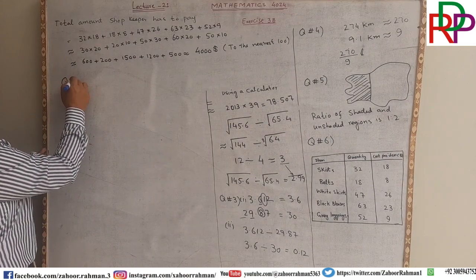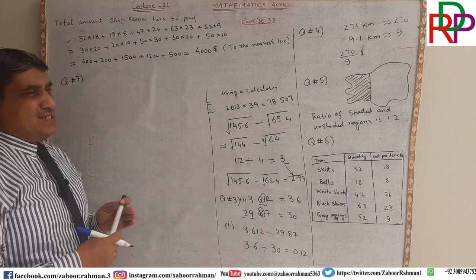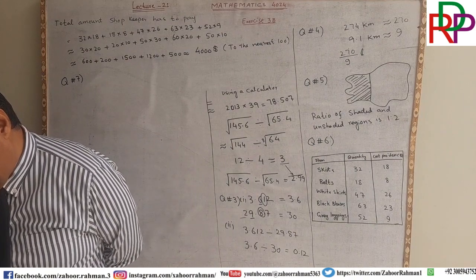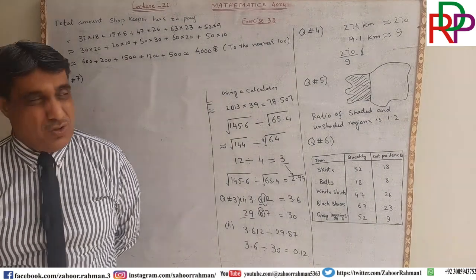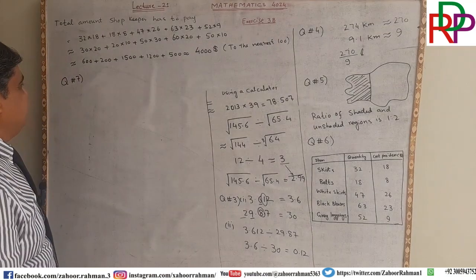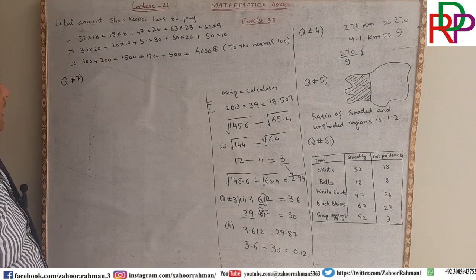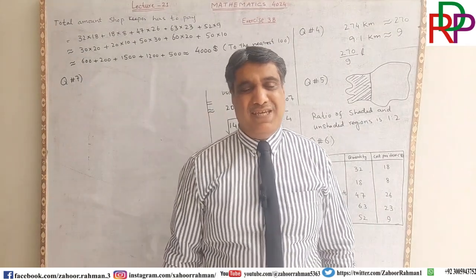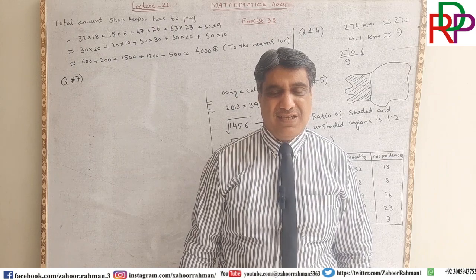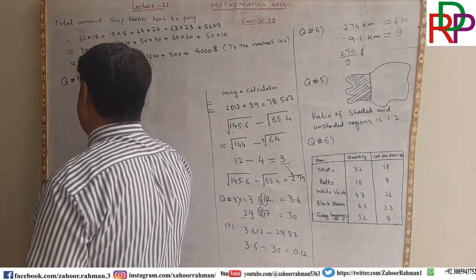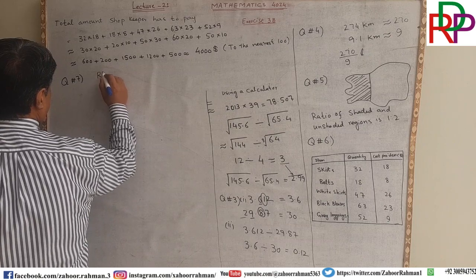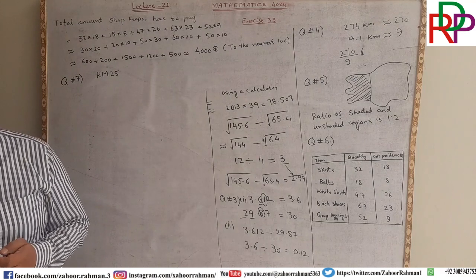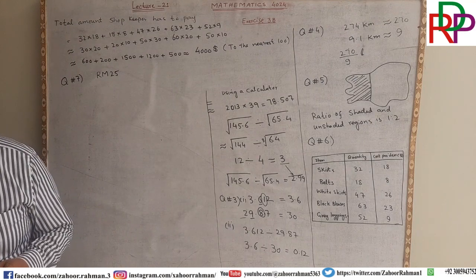Question number 7. Question number 7 is saying that a bag costs RM25. RM means Malaysian ringgit. The currency of Malaysia is ringgit. So they are writing RM25, that is 25 Malaysian ringgit.